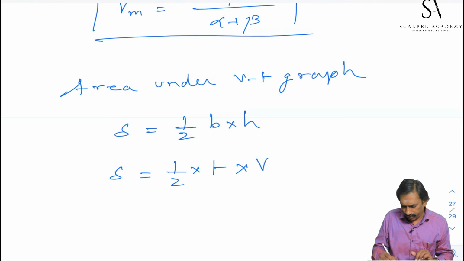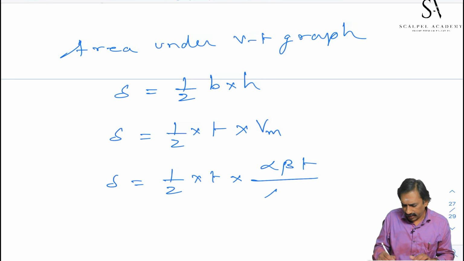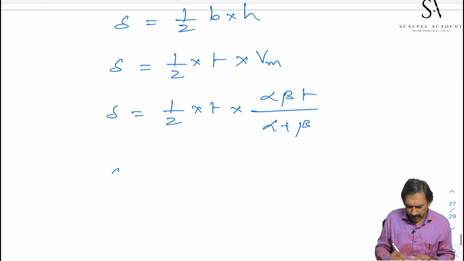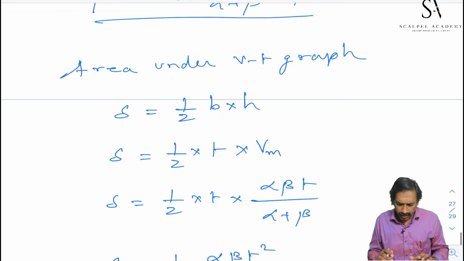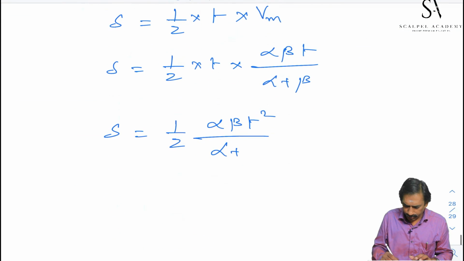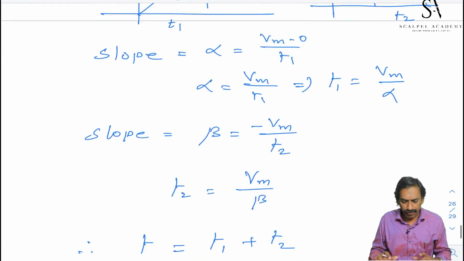Height Vm. Vm just now we calculated. That is alpha beta into t by alpha plus beta. Therefore, S is equal to half alpha beta t square by alpha plus beta. This is the total displacement of the particle in the time lapse t second.